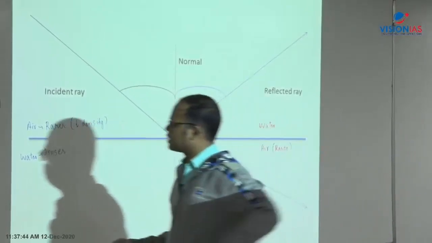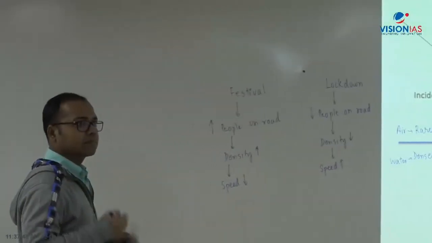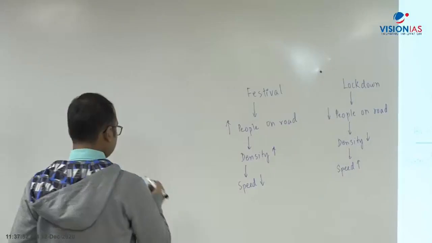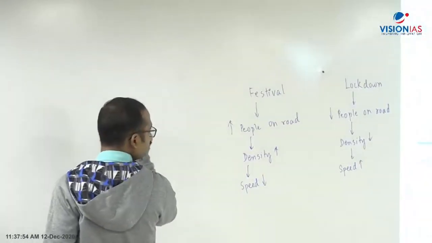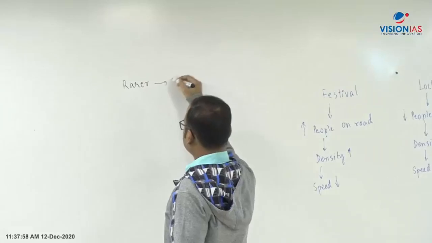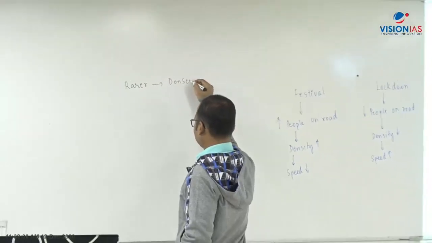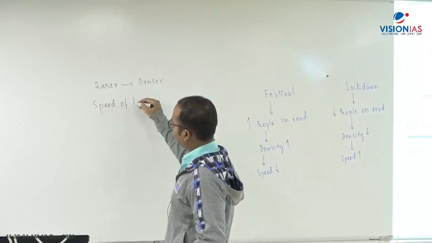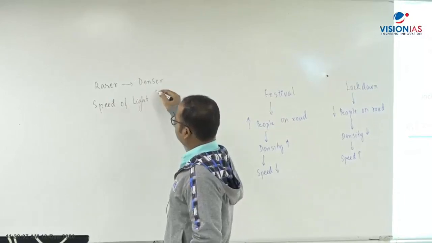So what deduction did I find? The deduction I found was, if you are moving from a rarer to a denser medium, the speed of light is bound to decline.